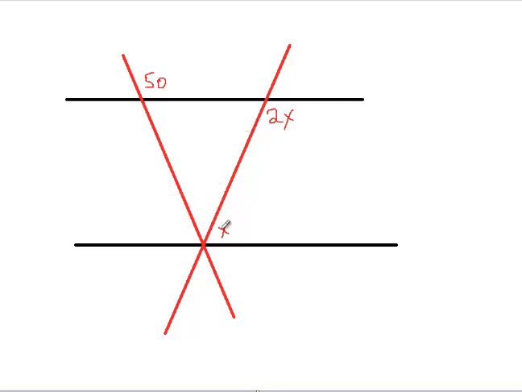Now, the reason is because x and 2x combined have to equal 180. They're on the same side of the transversal. So it would be x plus 2x, which is 3x equals 180, which means x is 60, which means this one is 120, which means this has to be 60. Now, this is 50, so that also has to be 50.